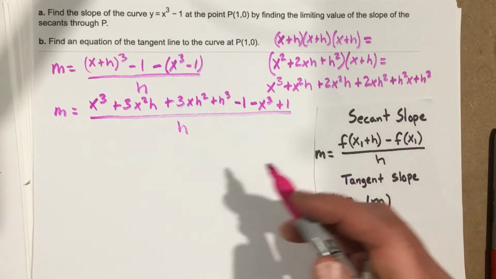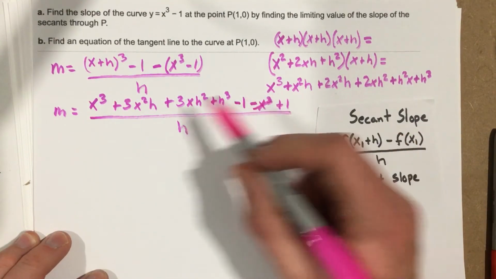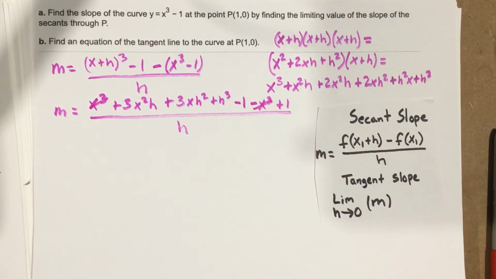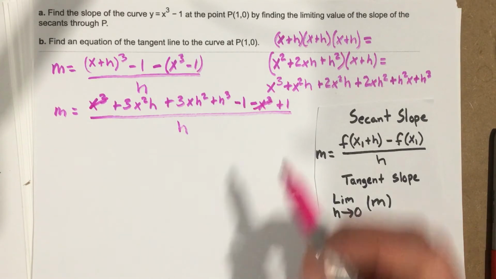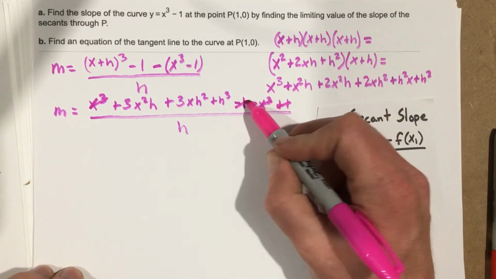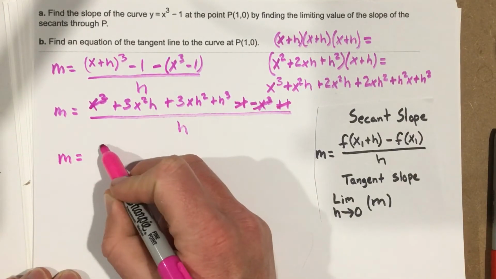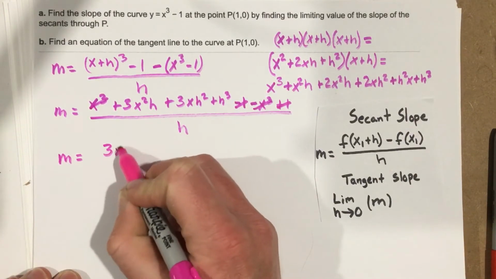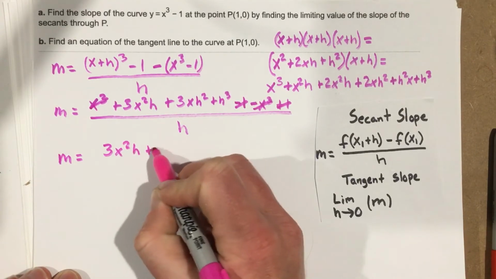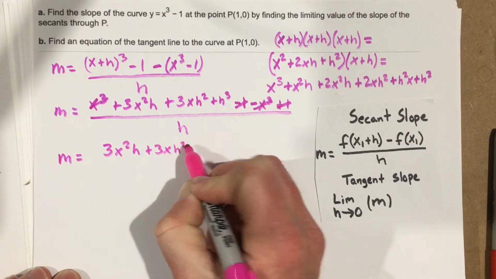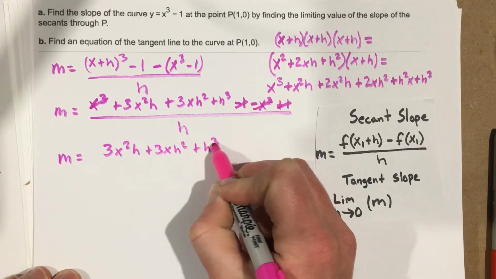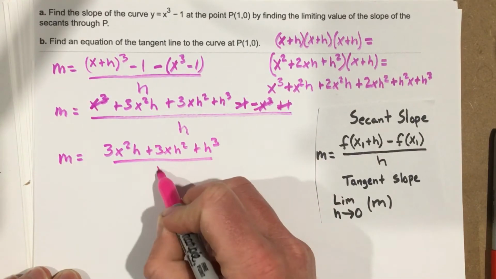Now let's go ahead and cancel some stuff out. We're going to cancel out the x cubed with this x cubed. We're going to cancel out the 1 and the negative 1. And we end up with m equals 3x squared h plus 3xh squared plus h cubed all over h.